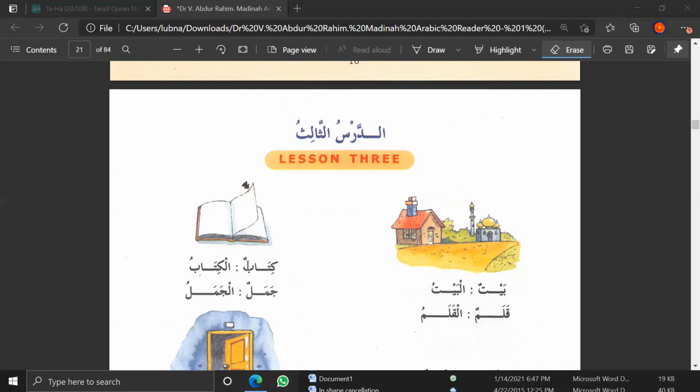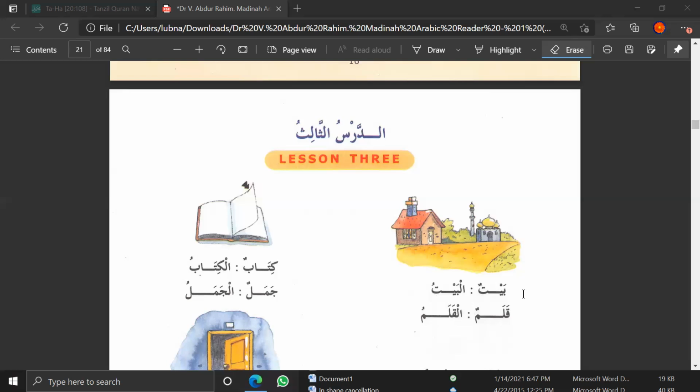So over here this is kitabun, and when you bring al, it becomes al-kitabu. So when al comes, the tanween goes away. Qalamun, al-qalamu, jamalun, al-jamalu.